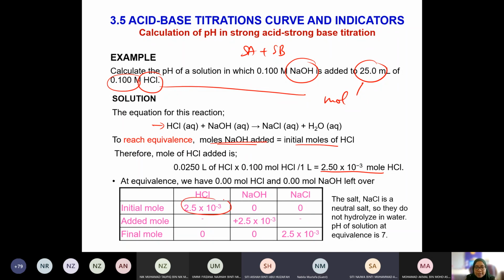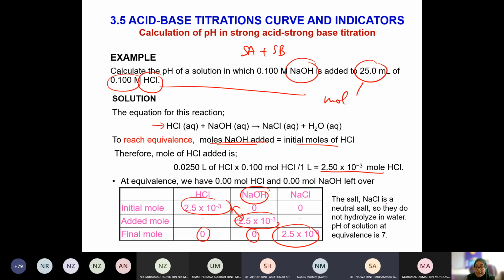The same mole as the initial. Okay, banyak ni. So these two, HCl dengan sodium hydroxide, these two will be fully neutralized. That means there will be no HCl and there will be no sodium hydroxide. So that's why dia jadi the final mole is equal to 0. And we only have the garam.